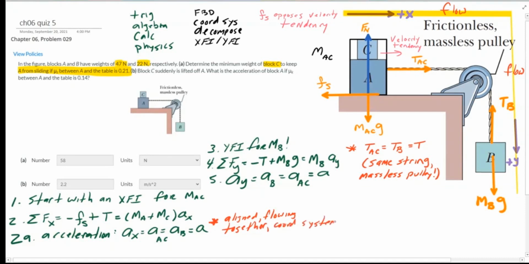And same string. There's a string attaching those. Okay, so let's finish this.